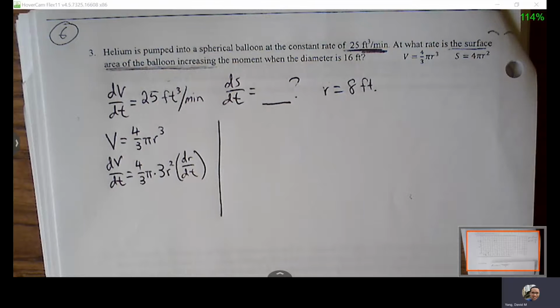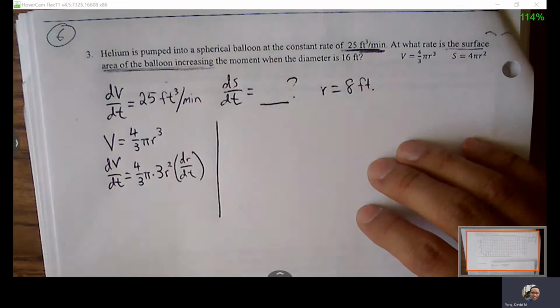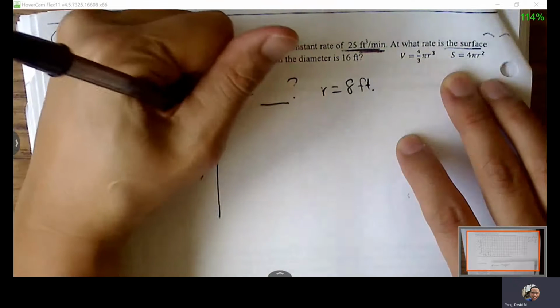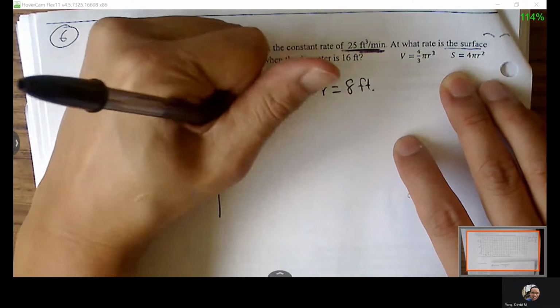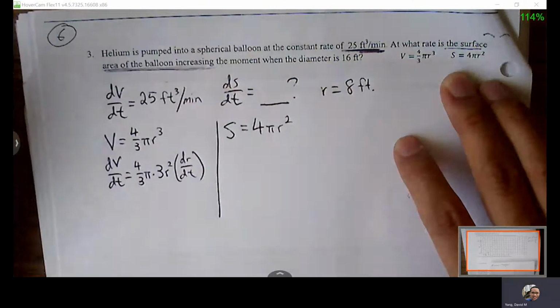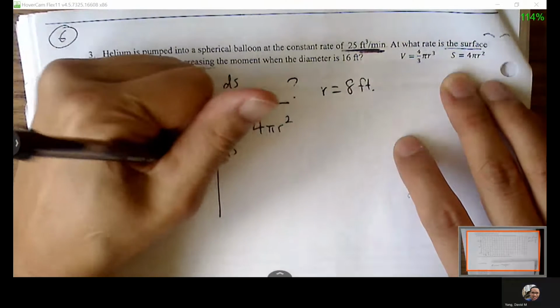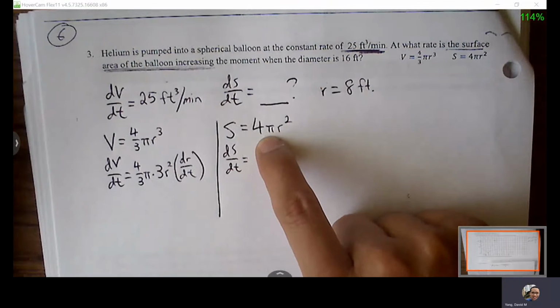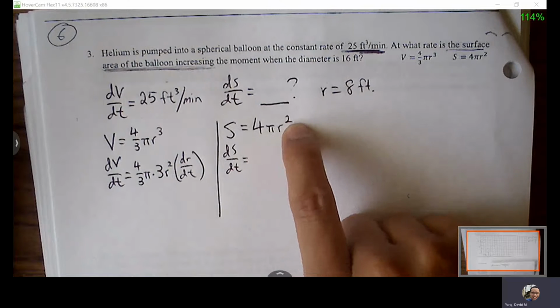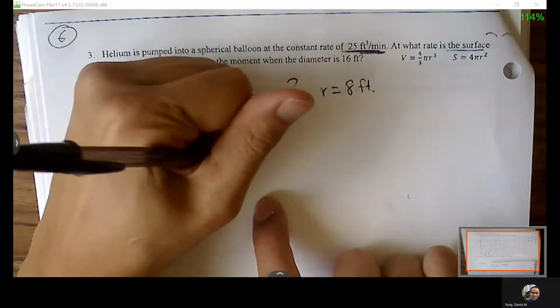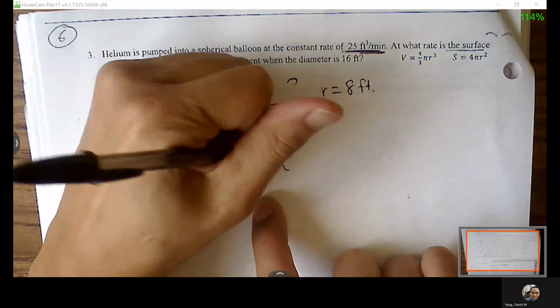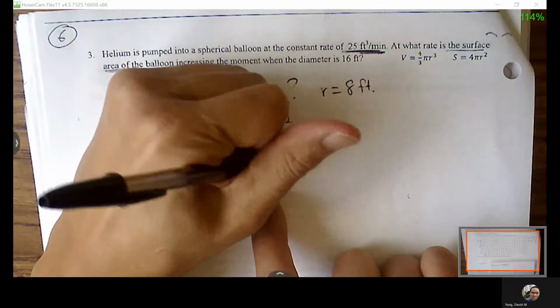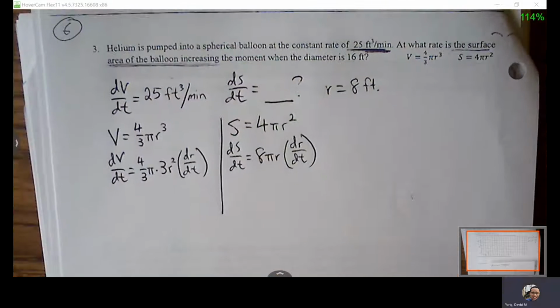Okay, gather information for surface area as well, dS/dt. Find the derivative. No product rule here, just power rule. Okay, how's that look?